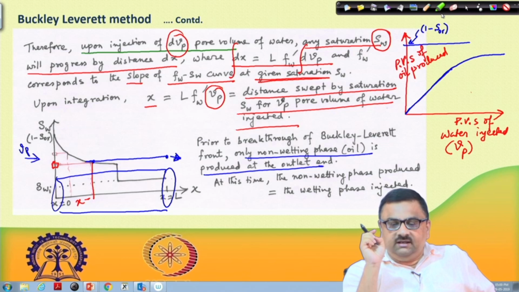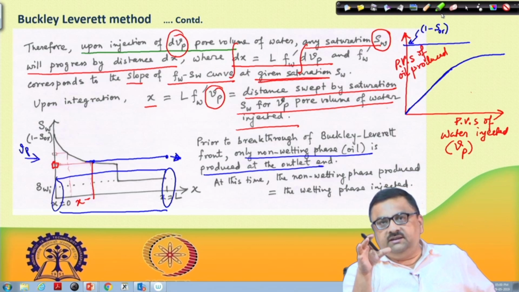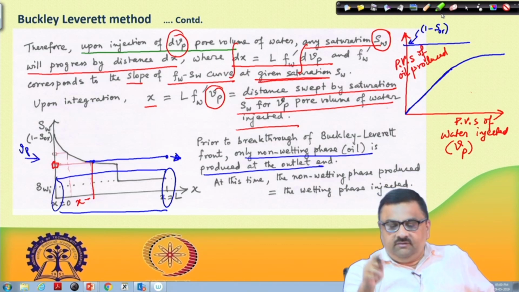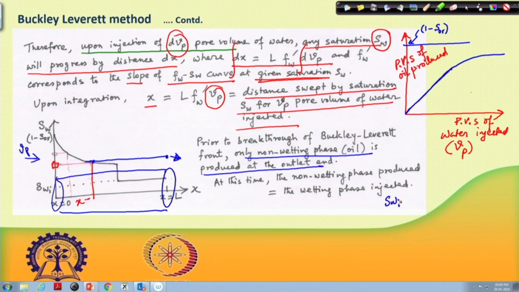So, naturally, I have to start with how much pore volume of oil we had. We had SWI pore volume of water, because SWI is just a fraction.